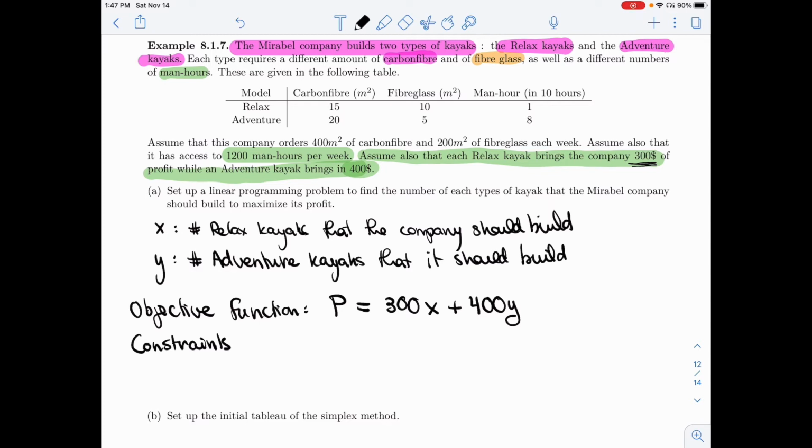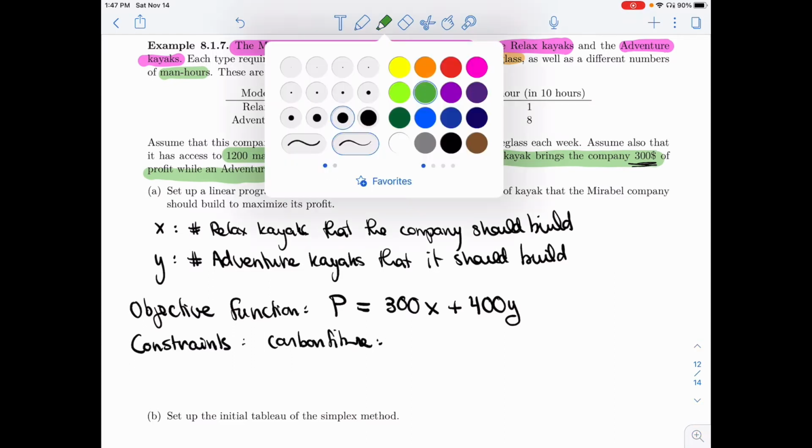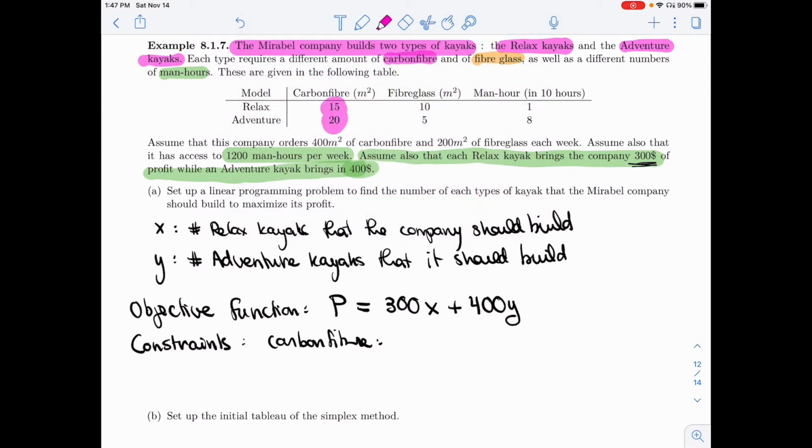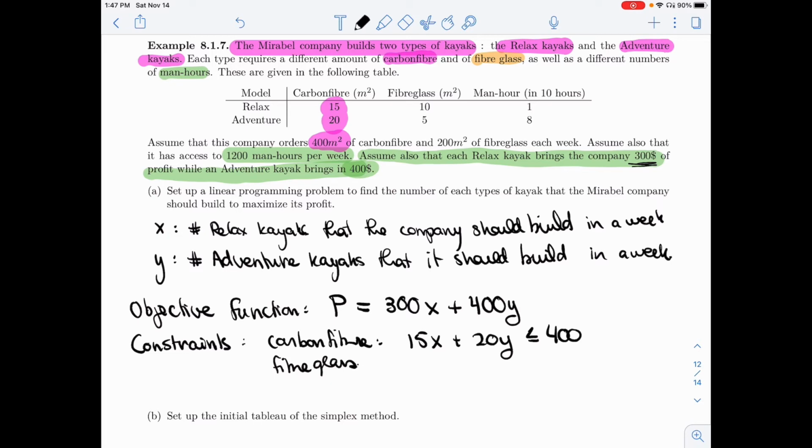First, the carbon fiber: we use 15 for each relaxed and 20 for each adventure, and the company has 400 of that in a week, so 15x + 20y ≤ 400. Next, the fiberglass: I am using 10 for each relaxed, 5 for each adventure, and I have 200 in total. So it's 10x + 5y ≤ 200.